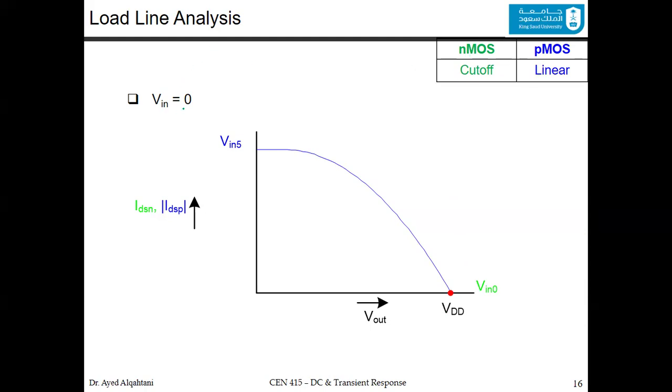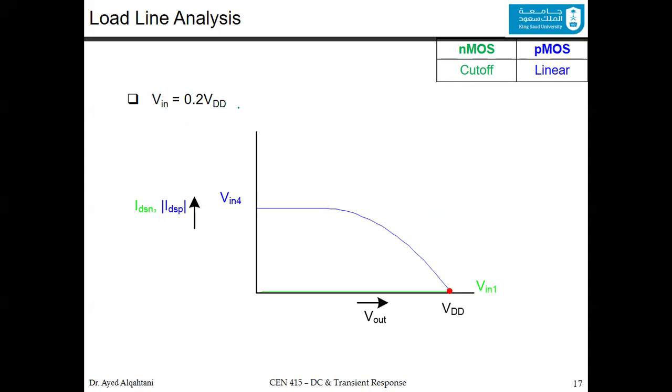Now let's increase the input voltage a little bit. So we increase it to 20% of the VDD, or 0.2 VDD. What happens now is we are moving to a lower curve in the PMOS, and to the next curve of the NMOS, the green curve. So here we have the NMOS still in the cutoff and the PMOS in the linear.